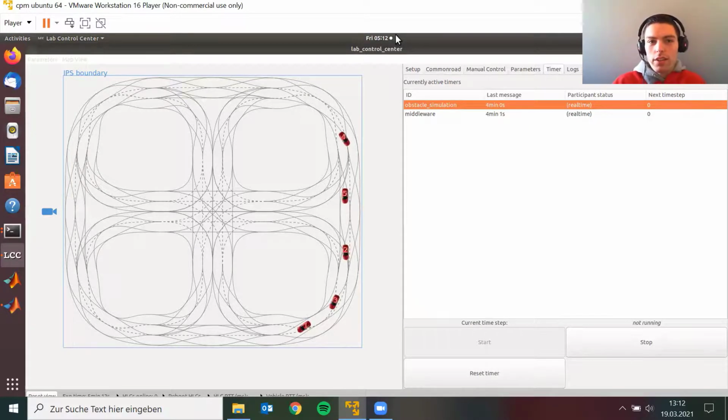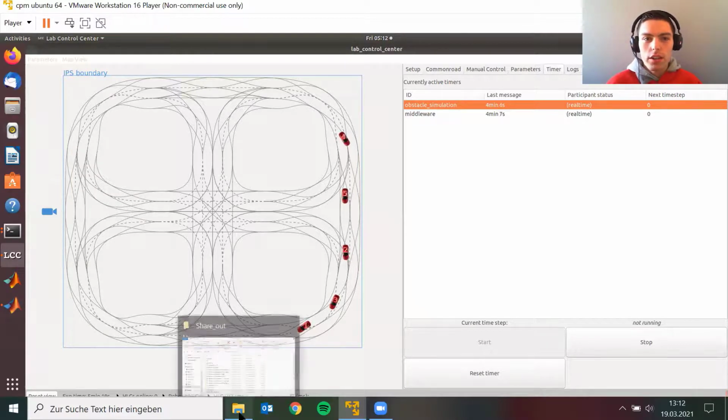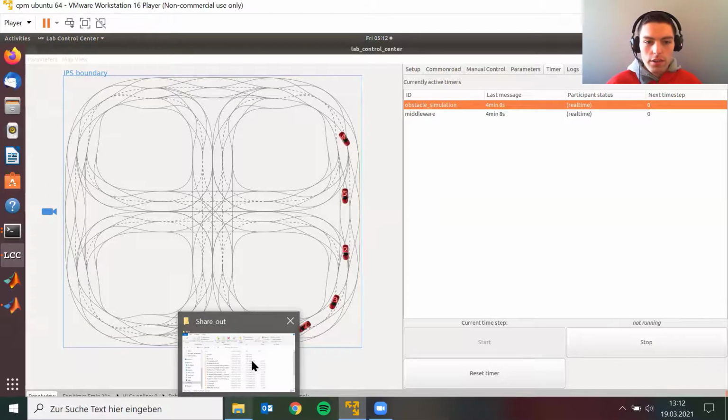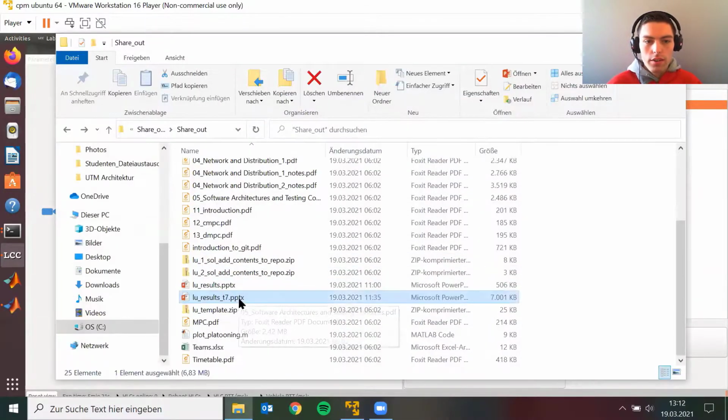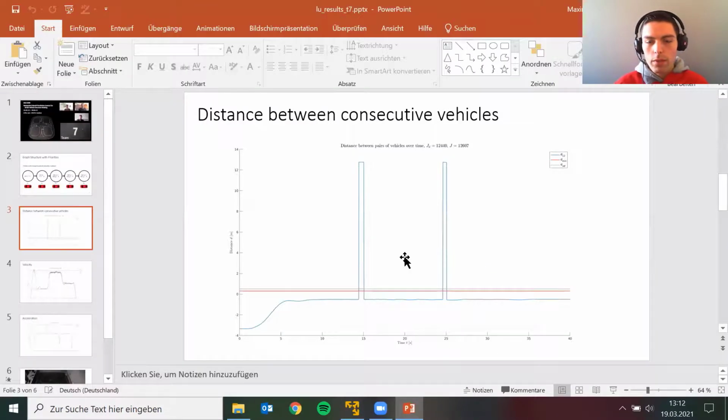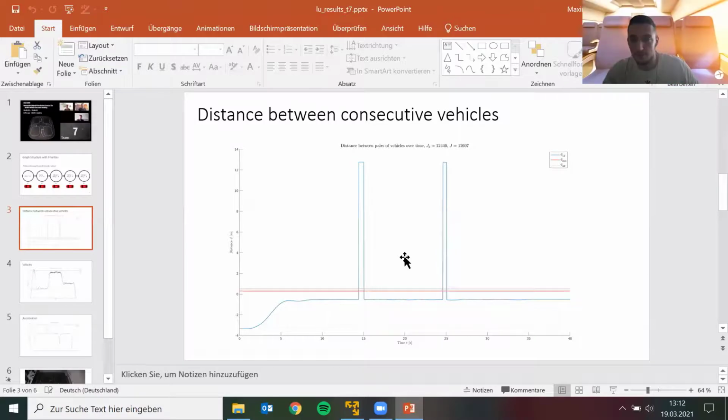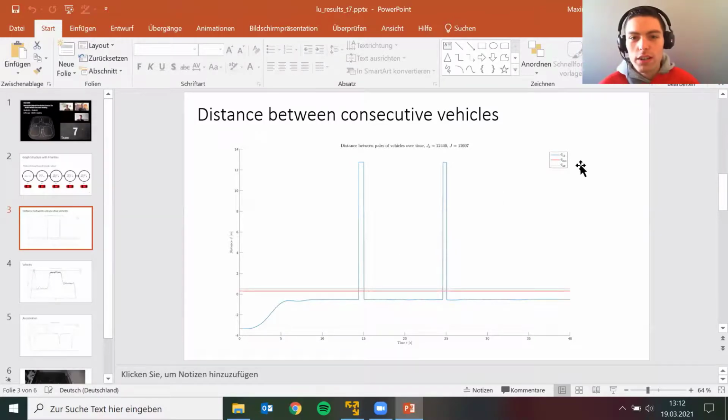Can I ask one? Yeah, if you go to the first slide showing some results, I guess. These two? Yeah, this one. Can you explain why the objective function value is so high?